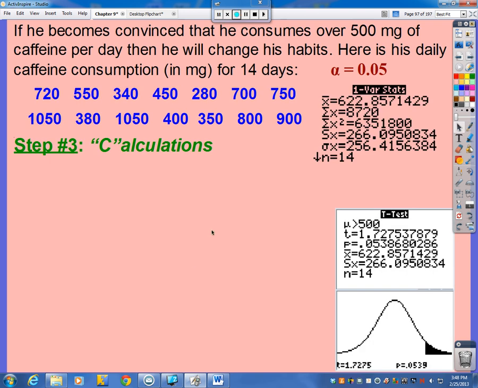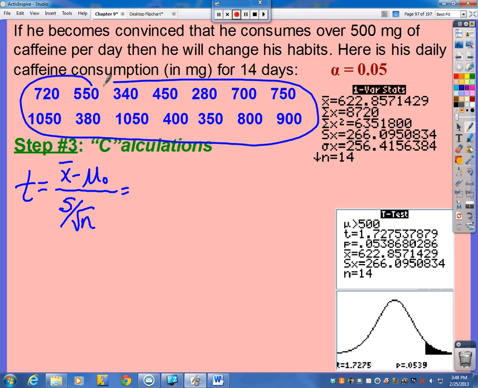Part 3, calculations. Now, we need to calculate a test statistic, in this case a t-score, and the formula based on the last video was this. And so our x bar, we need to know what is the sample mean of all of our days here.